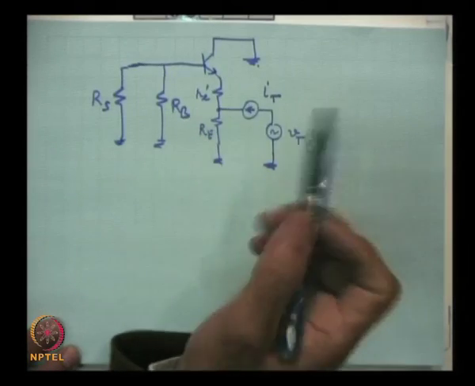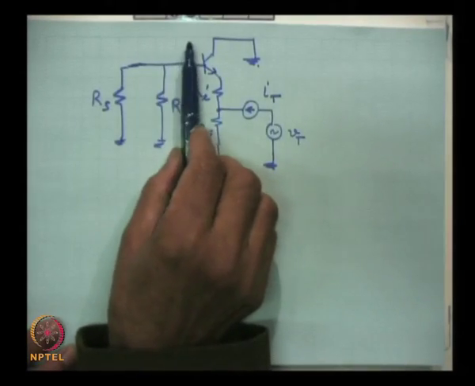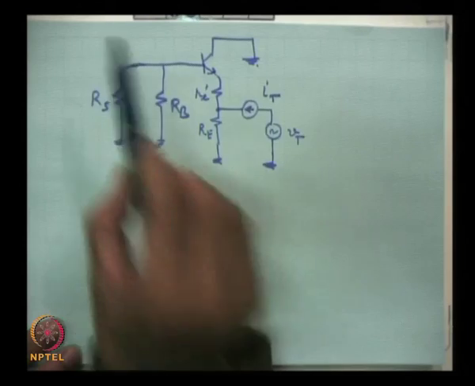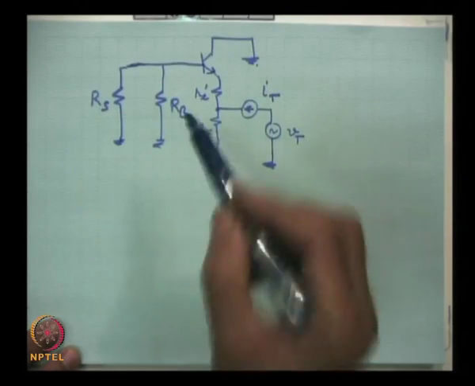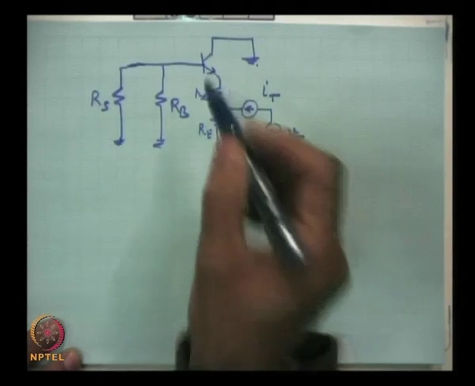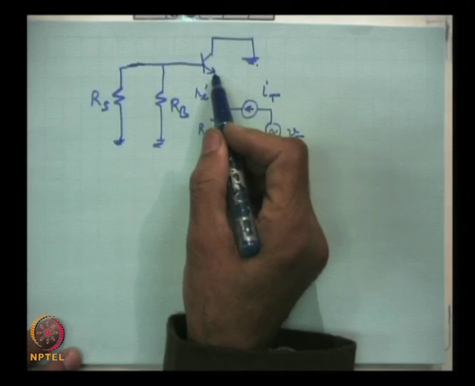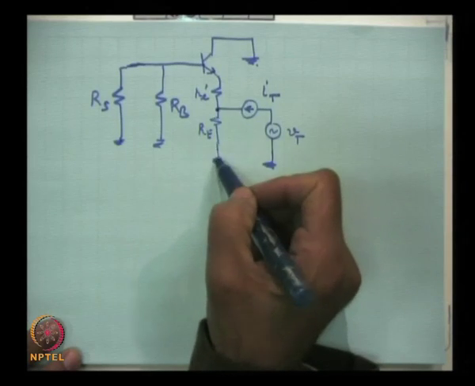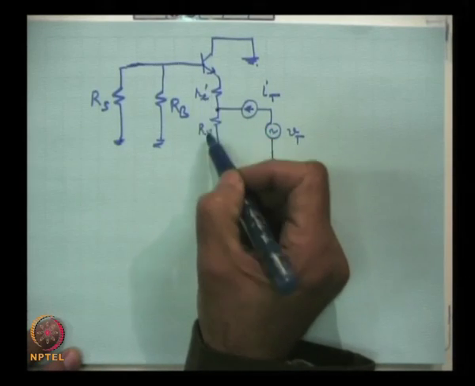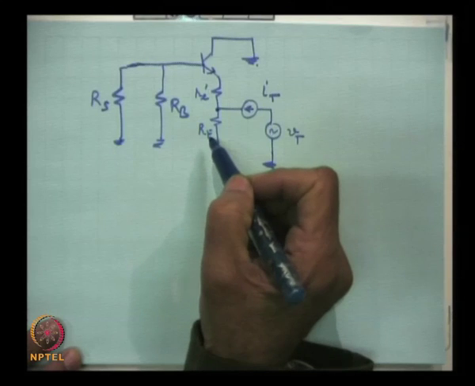But broadly speaking, for the time being, even if we neglect this part, we look at how much the impedance will be. You can see here that this is almost at a ground potential, and as seen at this point, this is ground. If this is ground, then two impedances will be in parallel.